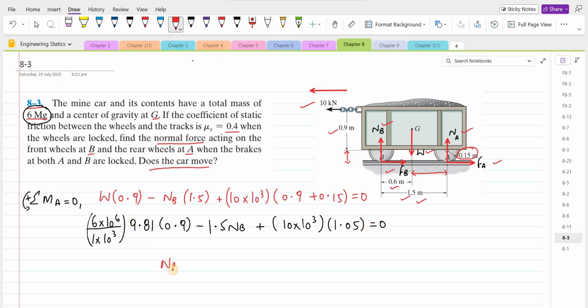Upon simplification, the NB force comes out to be 42,316 newtons. So this is our first answer.